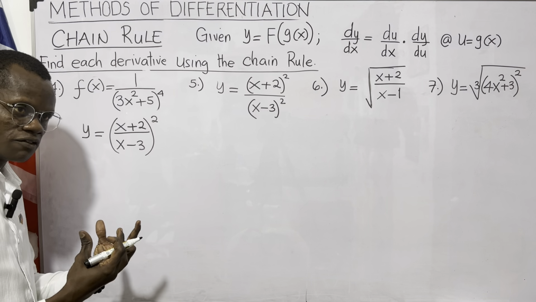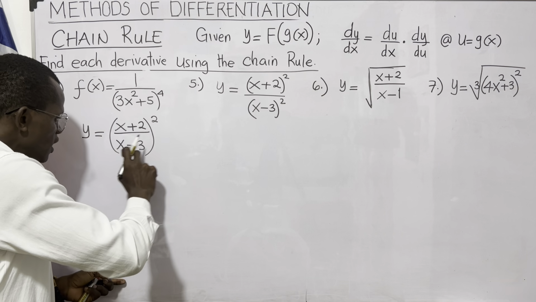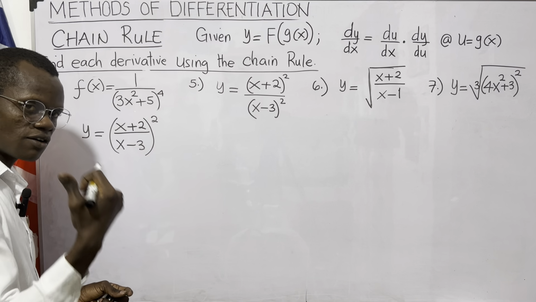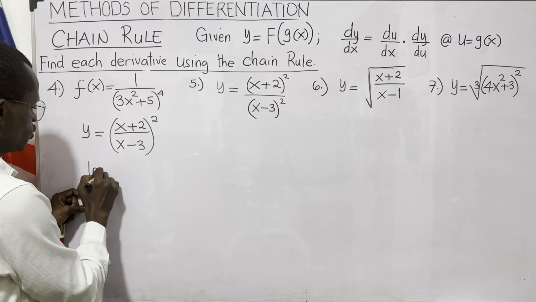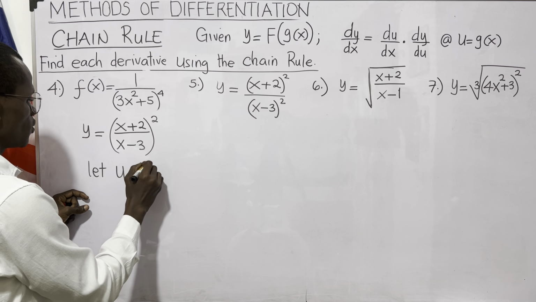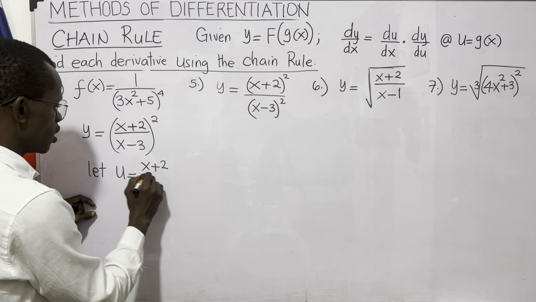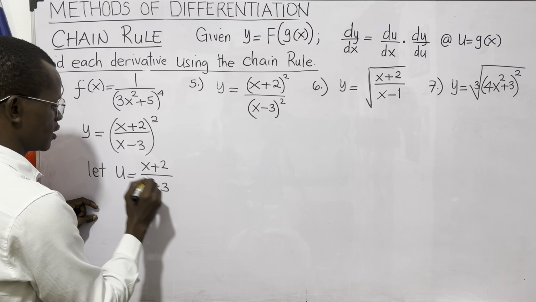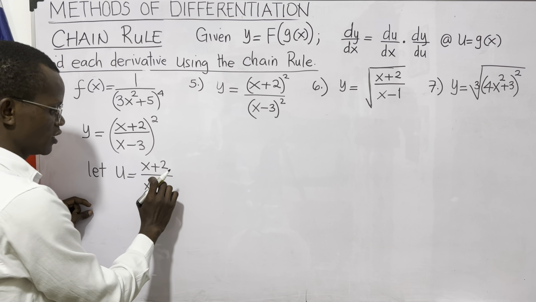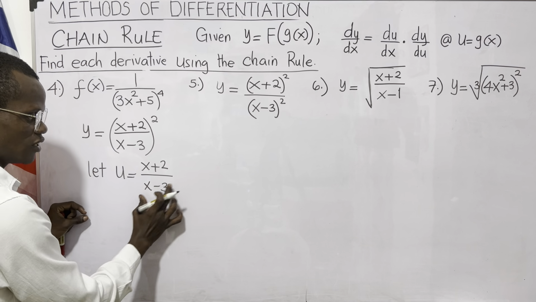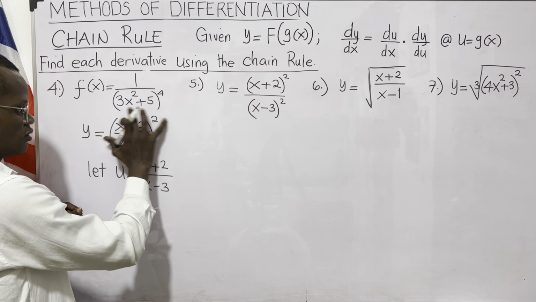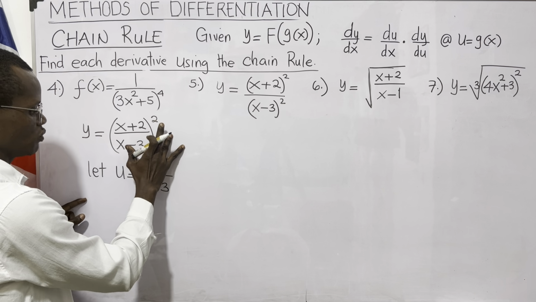Our objective now is to ensure that what is within here is a single variable. So we can say let u equal x plus 2 all over x minus 3. Then we differentiate this. You see that this will be easier than differentiating this entire expression, right?